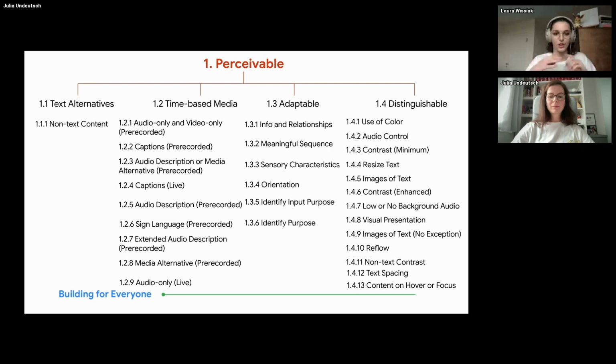So, of course, Perceivable is one big category. Not all of them have as many Pokemon, I would say, or success criteria. Because, a bit of history, the web content guidelines were heavily focused on visual disabilities in the first iteration. And with each iteration, they became broader and broader. Now, in the last one, the 2.2 update, we also see a lot more of cognitive accessibility.